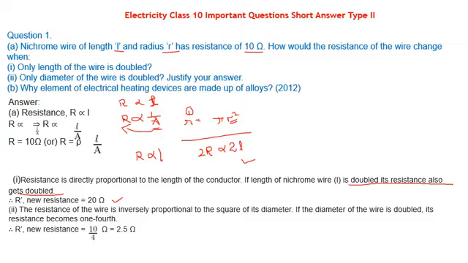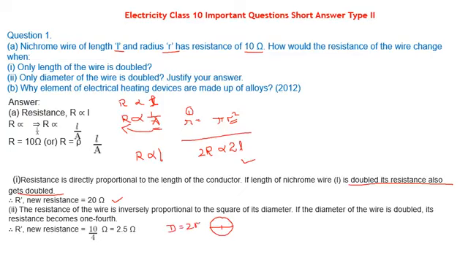Now second, only the diameter of the wire is doubled. We have increased the diameter of the wire. Here, what is the diameter? Diameter is double the radius. If I am increasing the diameter, this whole is the diameter, which is equal to 2r.